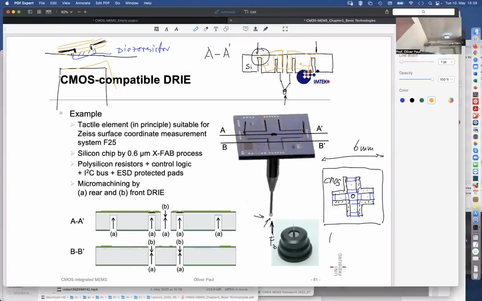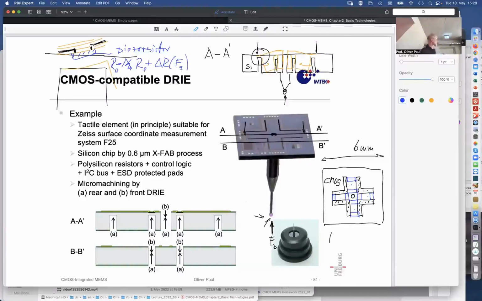It's a vertical force sensor, so to speak. And the stronger the force, the stronger the deformation, the stronger the change of the resistance. So for those who don't know what a piezo resistor is, the resistance without mechanical force will change into a resistance with a change, and that change depends on that deformation or ultimately on the force FZ.